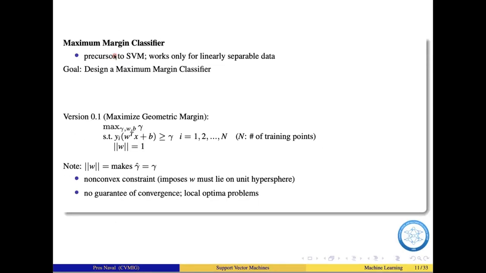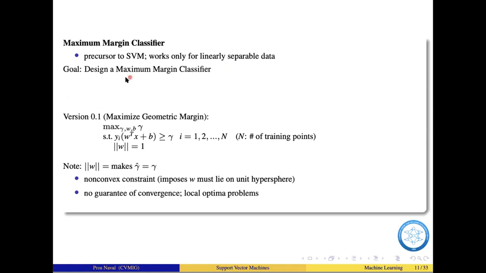Now let's talk about the maximum margin classifier. The maximum margin classifier is the precursor to our SVM. It works only for linearly separable data, but don't worry, we will extend the same idea later on to make this into an SVM that can handle non-linearly separable data.